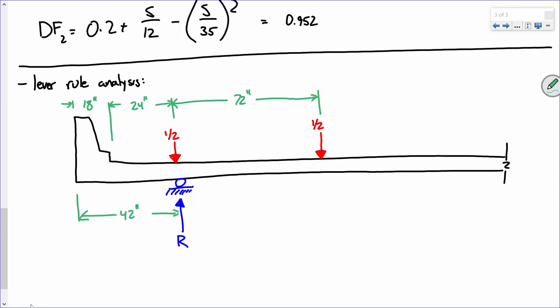Now, how far is it to the next girder? 120 inches. So, something about like this. Let's see how good I am with my art skills. Something like that, and then that.